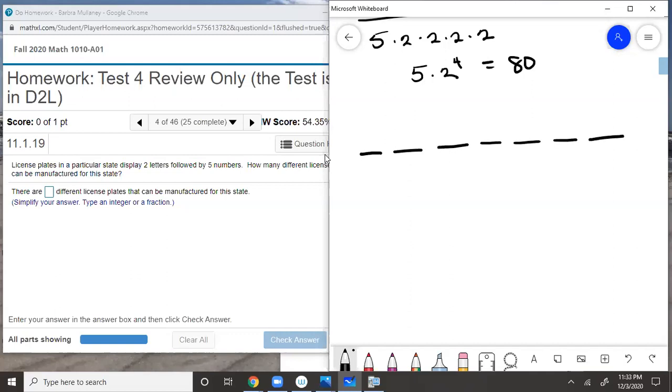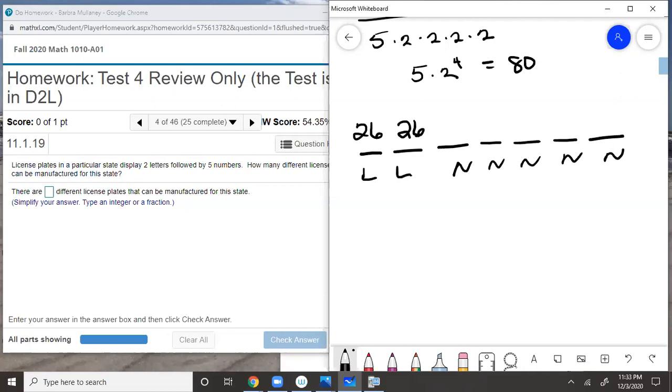All right. So with a license plate with 7 characters, where 2 are letters and 5 are numbers, there are 26 letters in the alphabet that we can choose from for the first digit, and 26 letters we could choose from for the second one.